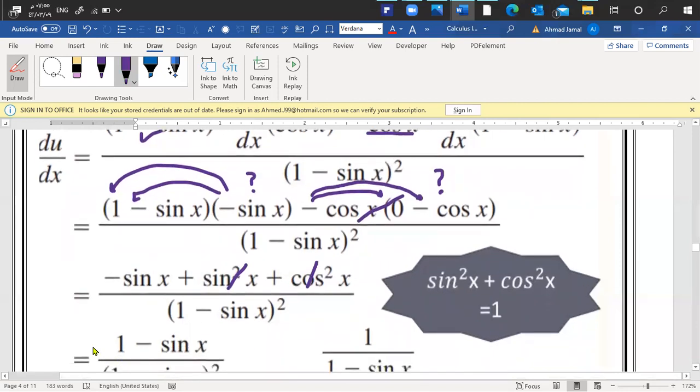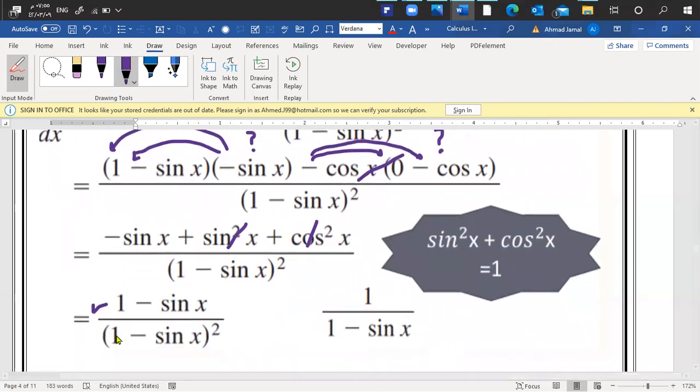I will write 1 minus sine x over (1 plus sine x) power of 2. I want to simplify. So this one means 1 minus sine x. The power of 2 on a parenthesis means the same parenthesis repeated 2 times.